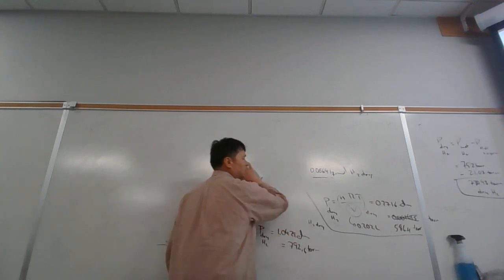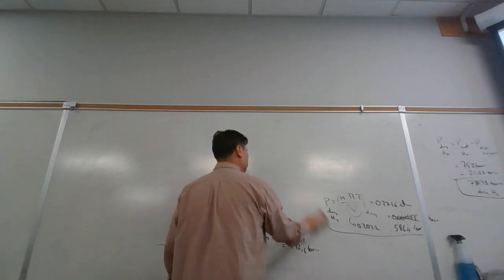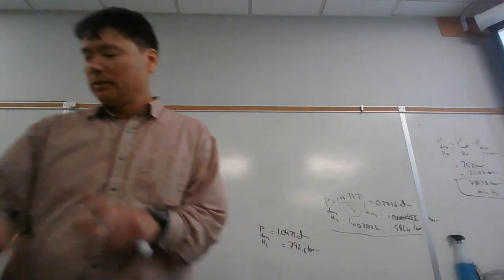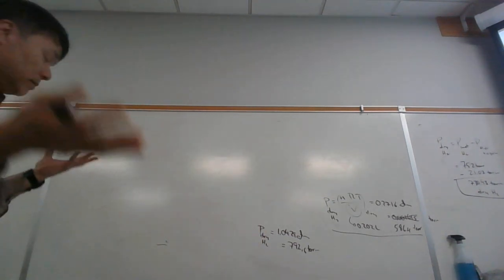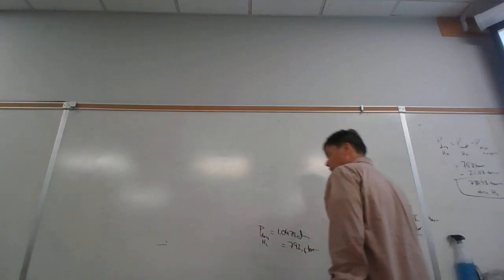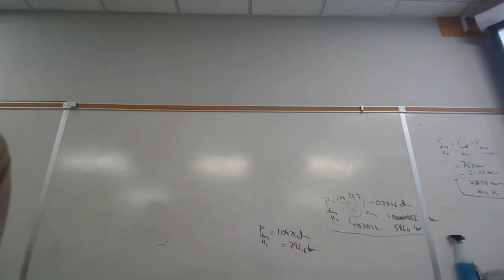The problem with this particular question is that people get it mixed up. They start mixing up Avogadro's and Dalton's and start using the wrong volume and the wrong pressure for their calculation, and it screws things up.